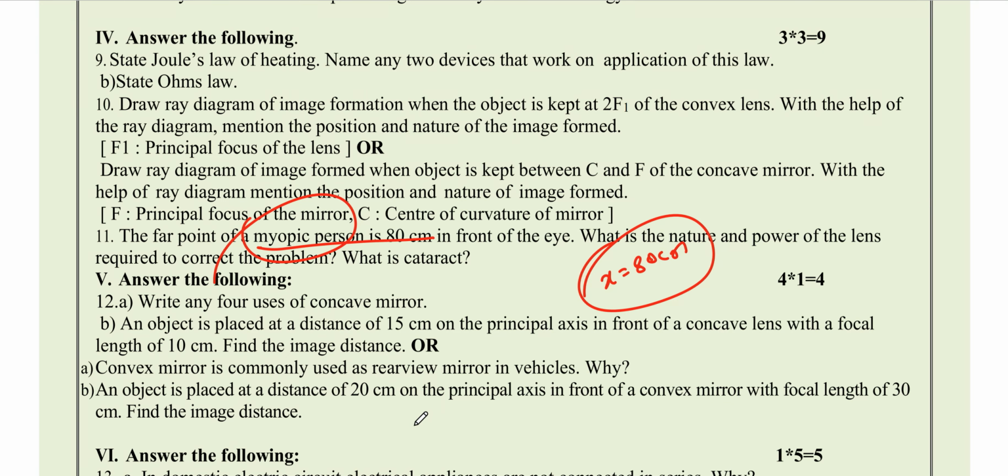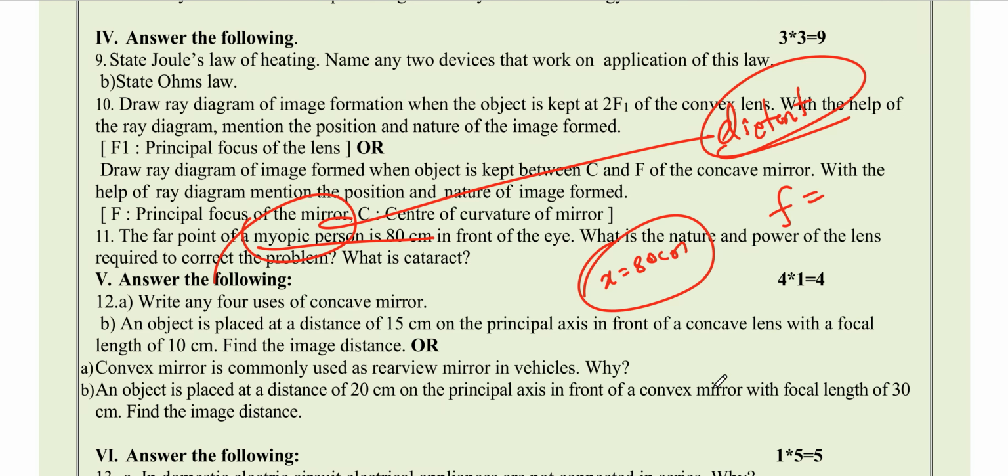A myopic eye is nothing but he can see distant objects clearly. Distant means far objects, clearly seen, then what is the focal length? Focal length will be what? Negative. Understood or not? Wait, I'll tell you.